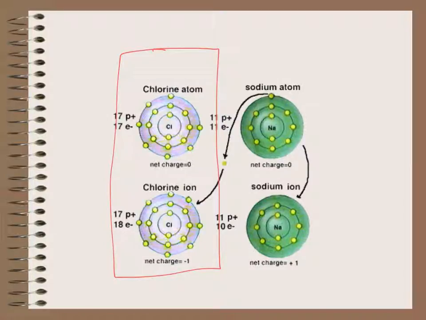The bottom diagram is our ion. Now it has 18 electrons instead of 17. The sodium atom normally has 11 protons and 11 electrons, but one of the sodium atoms likes to jump, so now the sodium ion has only 10 electrons. So because it has lost an electron, it's known as a positive ion.